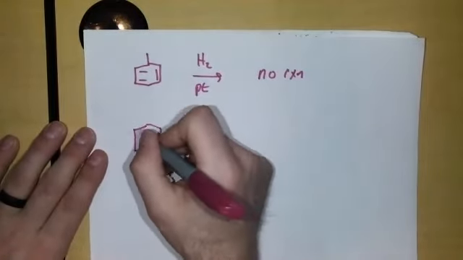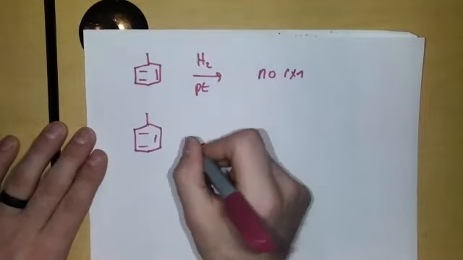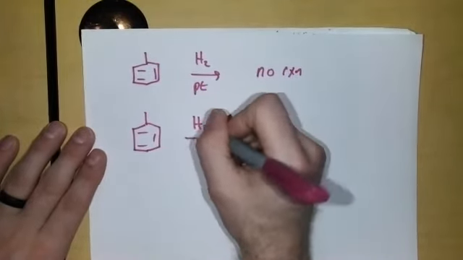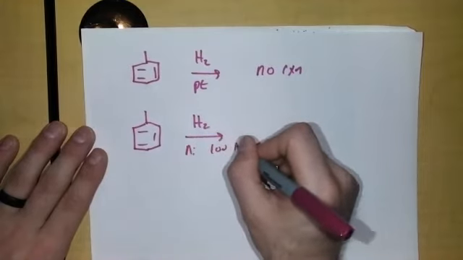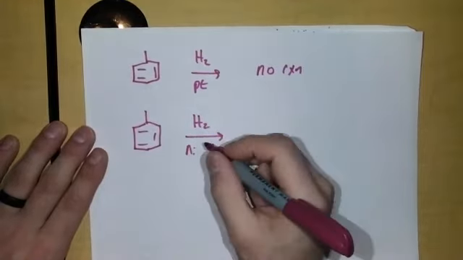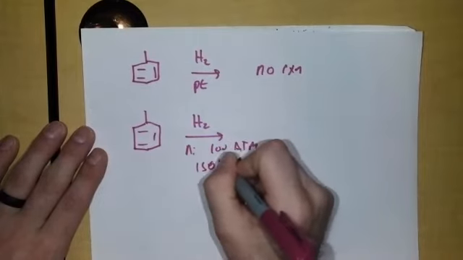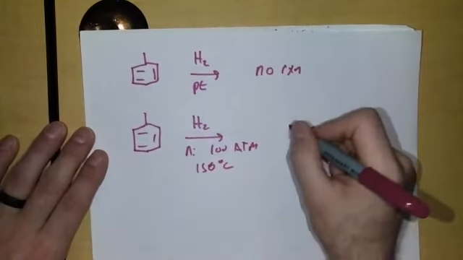There is a way to do it with H2. So if you were to take H2, throw in nickel at 100 atmospheres and 150 degrees Celsius, you can actually do this reduction.